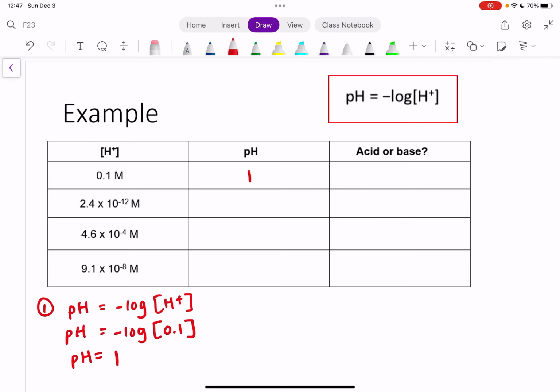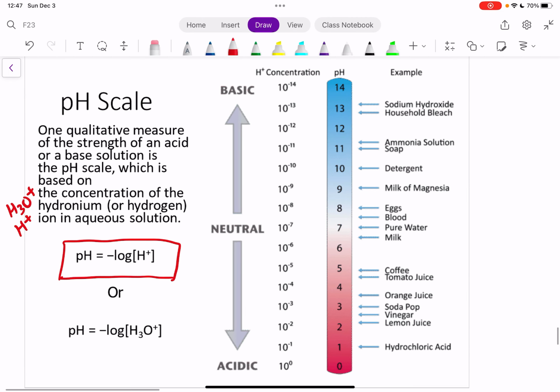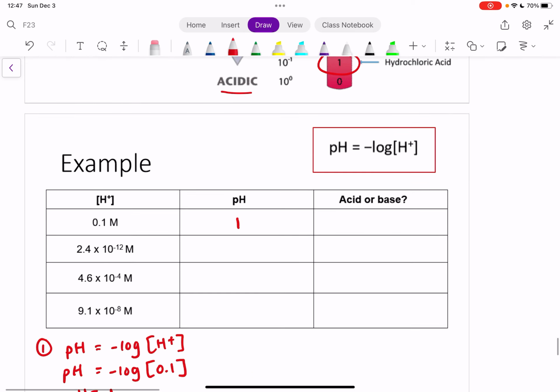So our pH for an H plus concentration of 0.1 molar is 1. So using our chart up here, is a pH of 1 acidic, basic, or neutral? Well, it's all the way down here. It's a very low pH value, so that's going to translate to acidic. So this one's going to be an acid.